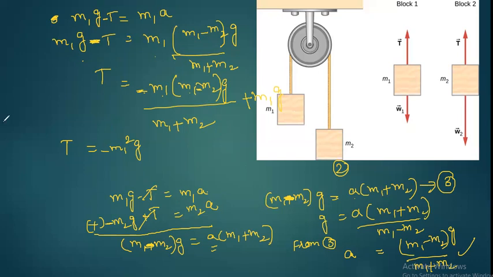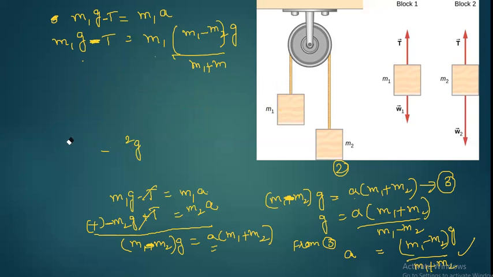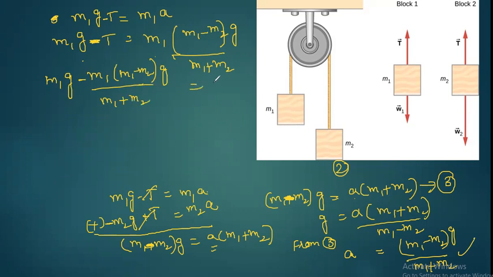Can we do that? It becomes easy. Don't confuse with this. Let me do that. Yes, let us do that. So M1G minus M1 into M1 minus M2 times G by M1 plus M2, which is equal to T. Is it okay now? Clear?